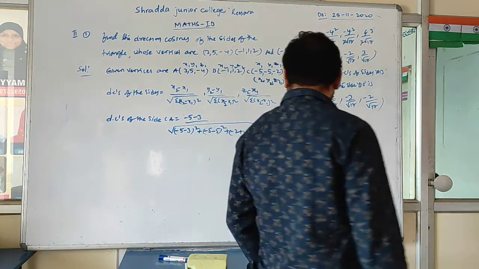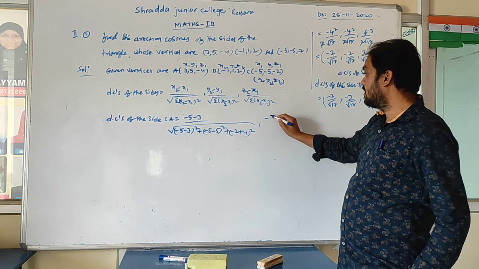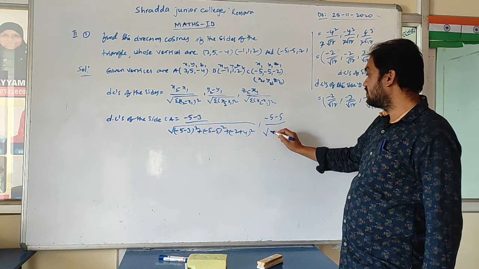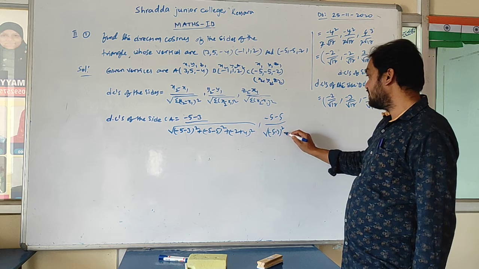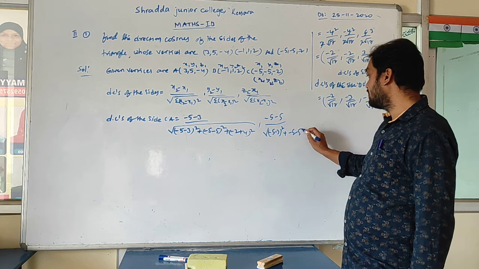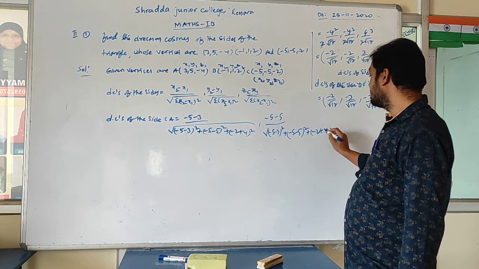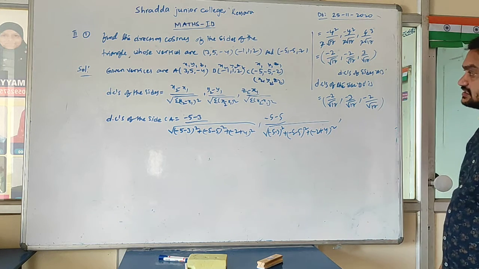Next, y2 minus y1, where y2 is minus 5 minus 5, by the same denominator: (minus 5 minus 3) whole square plus (minus 5 minus 5) whole square plus (minus 2 plus 4) whole square. Next, z2 minus z1.